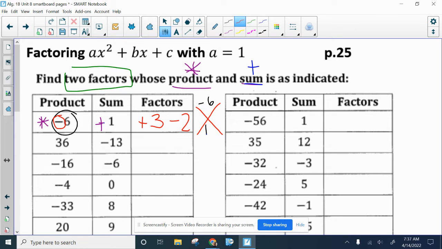All right, let's look at the next one. My product is 36 and my sum is -13. The fact that my product is a positive number, what does that tell me about my signs?